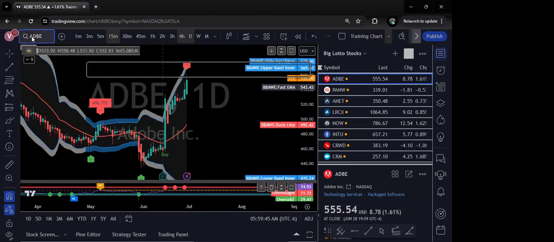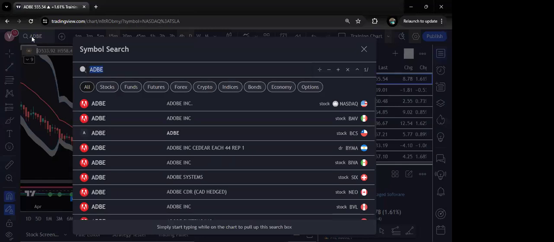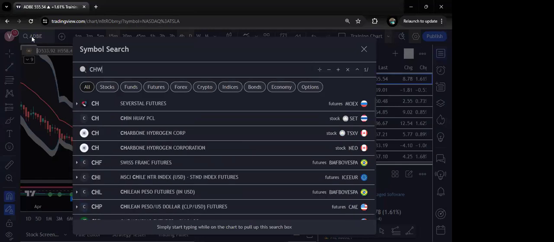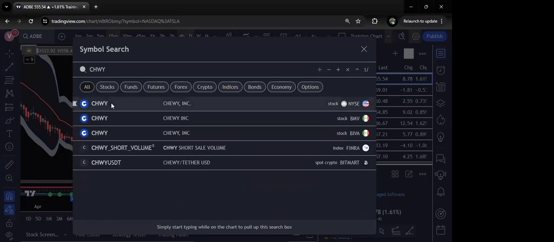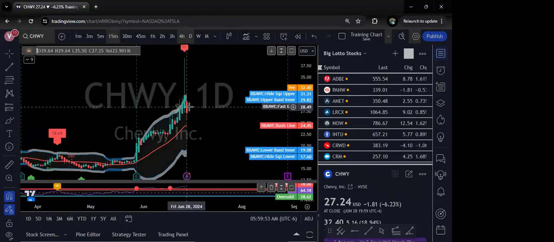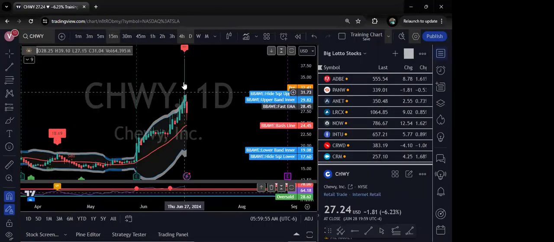Okay, we saw Chiwi broke out on Friday. I don't know what news they had. Okay, you see, it went, and I told you guys, when a stock is breaking a rule, it can do that up to 6 days. So when you're seeing breaking a rule, going outside the band, it can do that up to 6 days, and it has to pull back inside.